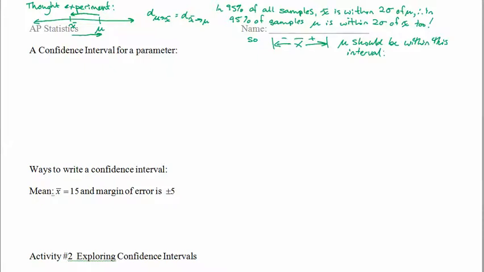So a confidence interval for a parameter has, first of all, 2 parts. The first part is an interval of plausible values. And by plausible, I mean reasonable or likely.